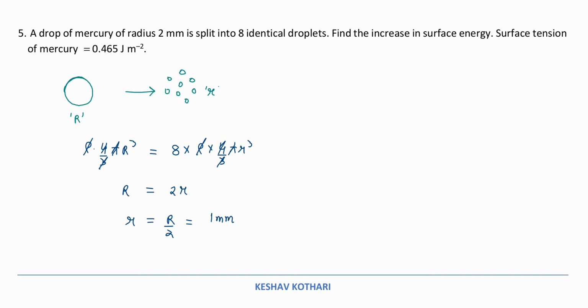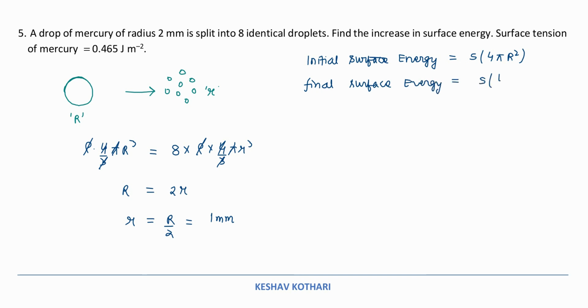If I talk about the initial surface energy, it can be written as surface tension into initial area, which is 4 pi R square. And the final surface energy is going to be S into 4 pi small r square into 8 times, because 8 such drops are formed.